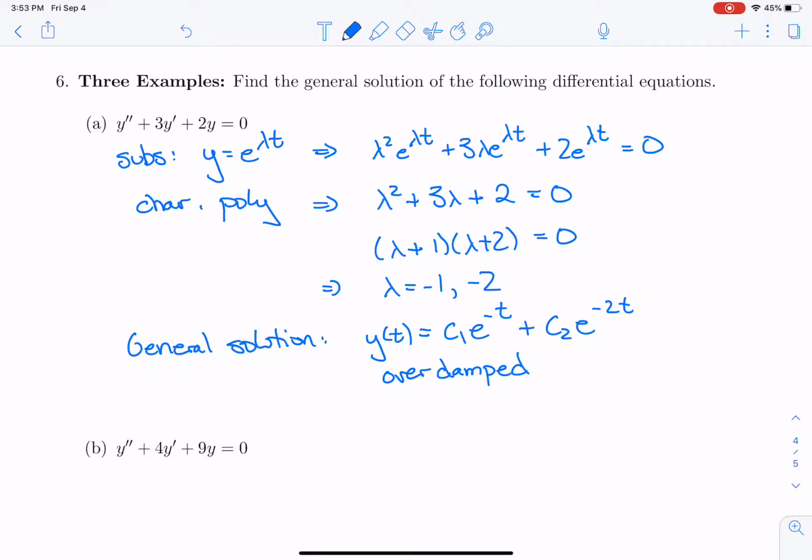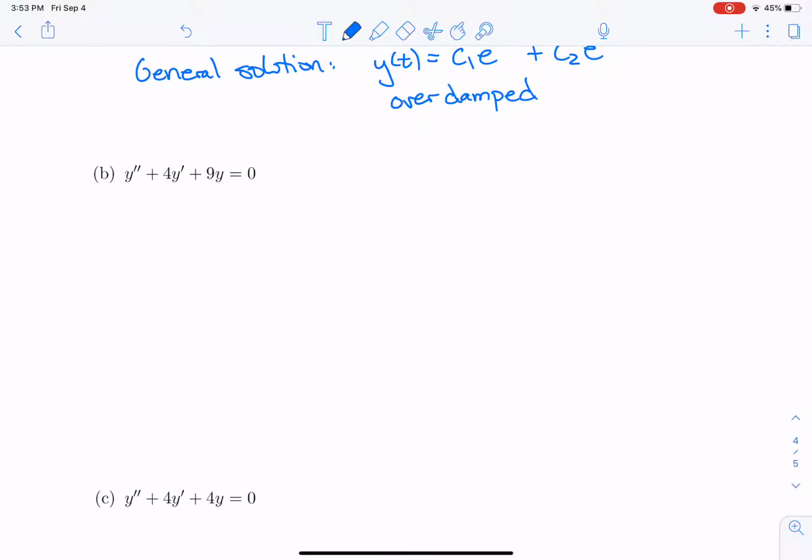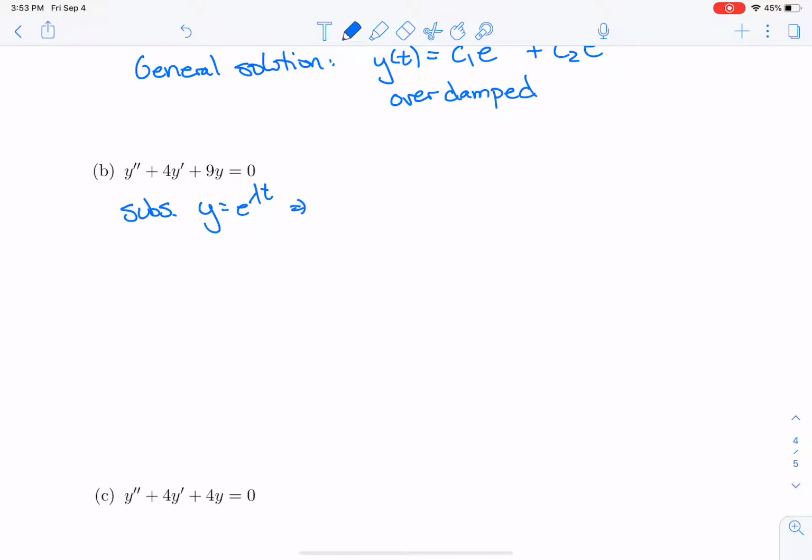Now we can do the same thing with, say, this second order equation. Again, we could substitute y equals e to the lambda t, so that we have a second derivative of lambda squared e to the lambda t plus 4 lambda e to the lambda t plus 9 e to the lambda t is equal to 0.